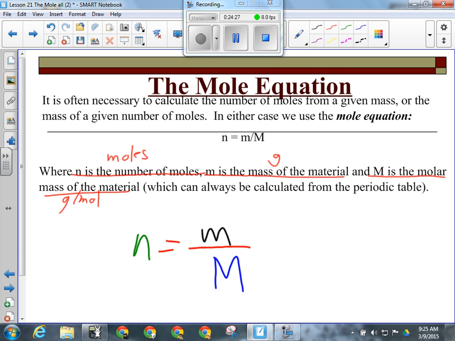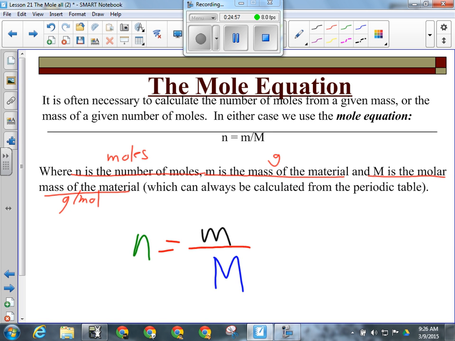The number 1 rule of algebra is, if I want to move something, I do the opposite. What am I doing right now with big M? I'm dividing. So if I want to move it to the other side, which is what I want to do, I want to solve for little m, which means I need to isolate it, that is, get it by itself. So I want to move big M. To move big M, I have to do the opposite of what I'm doing right now. That's the first rule of algebra.